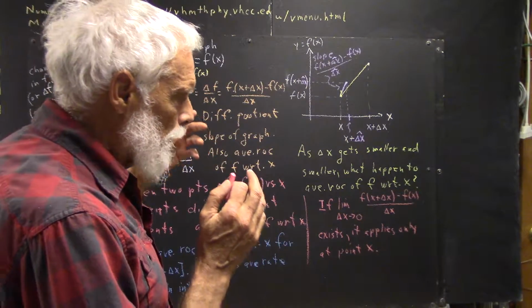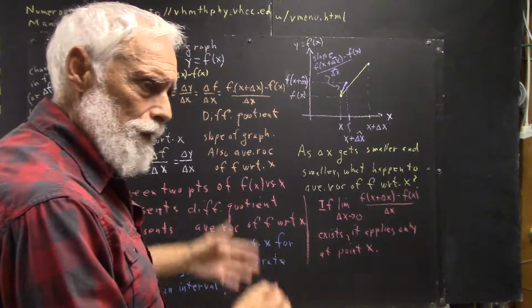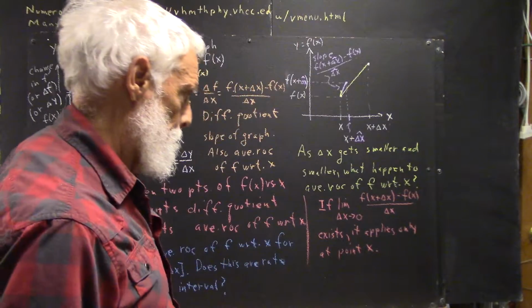we have to have a name for that limit, and that name can only apply to the function f and the point x.